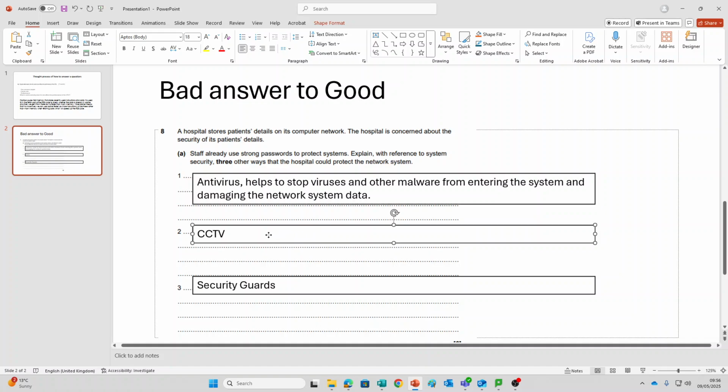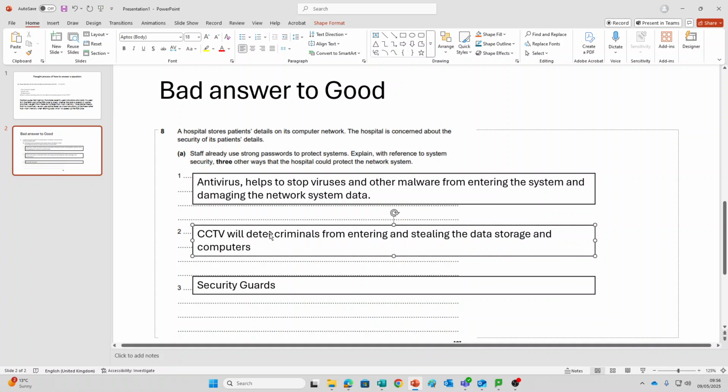Here we go. CCTV will deter criminals from entering and stealing the data storage and computers. So CCTV will deter criminals from entering and stealing data.